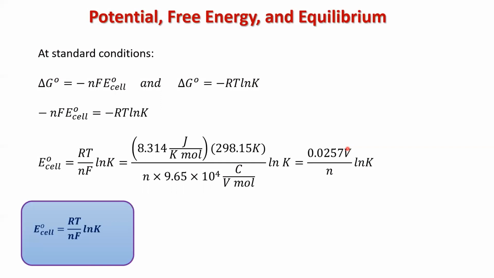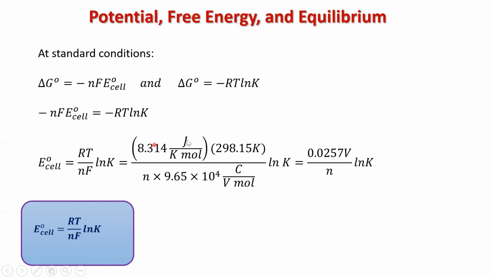And this new equation has lots of constants in it. We've got R, which is a constant. We've got T, which, if we're at standard conditions, is 25 degrees Celsius or 298 Kelvin. And we've got Faraday's constant, which is a constant. So 8.314 times 298.15 divided by 9.65 times 10 to the fourth can be summarized in a constant, 0.0257 volts.